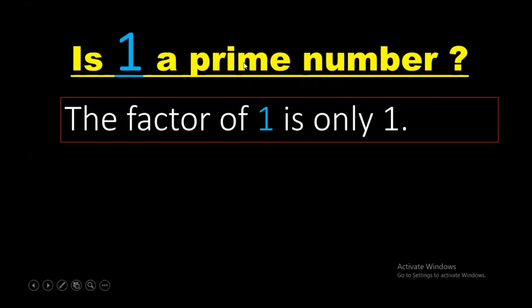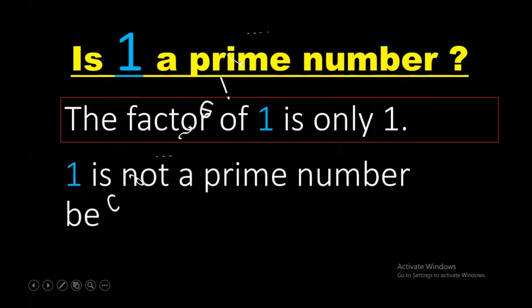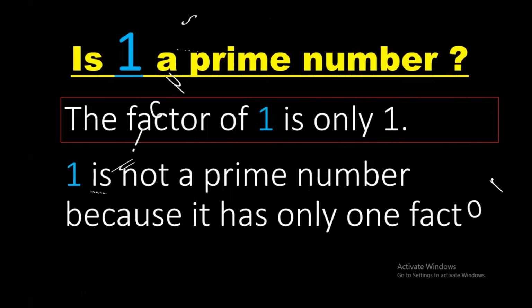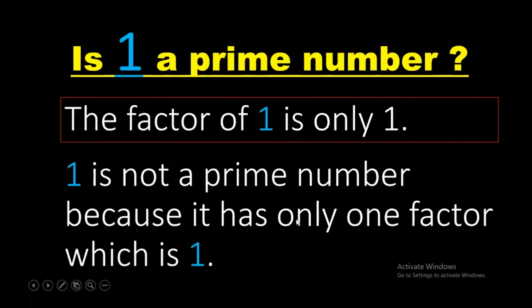The definition of a prime number is a number which has only two different factors. But in this case, one has only one factor, which is one. So we can say one is not a prime number because it has only one factor, which is one. So one is not a prime number.